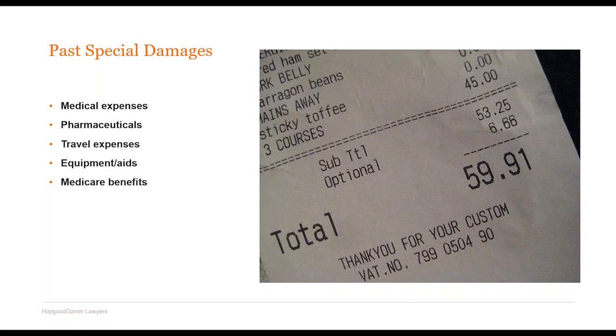The only dispute that we really see in relation to past special damages is a dispute regarding whether the treatment was in fact required, and perhaps whether it was required for the work-related injury or for some other injury. So, for example, you may have a claimant who has received some unusual type of treatment that is perhaps not clinically justified for the injury, and there may be a dispute about whether it was really necessary.